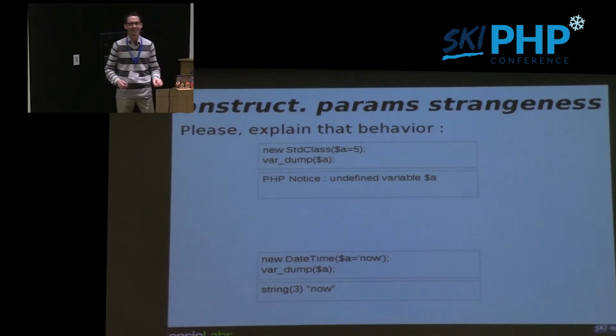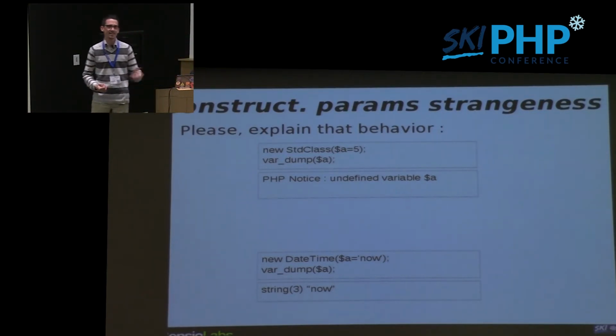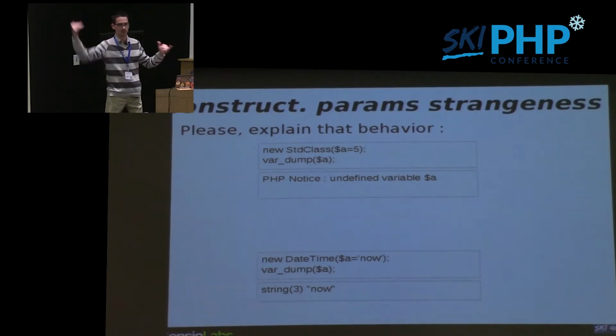Does anyone? No. Yes, this is related to the constructor, because stdClass has no constructor. If it has no constructor, there is something in the compiler which optimizes the code and just sees, okay, you want to create an object of class stdClass. It does not have a constructor, so I don't bother parsing what's in the parentheses. I just go to the next opcode.